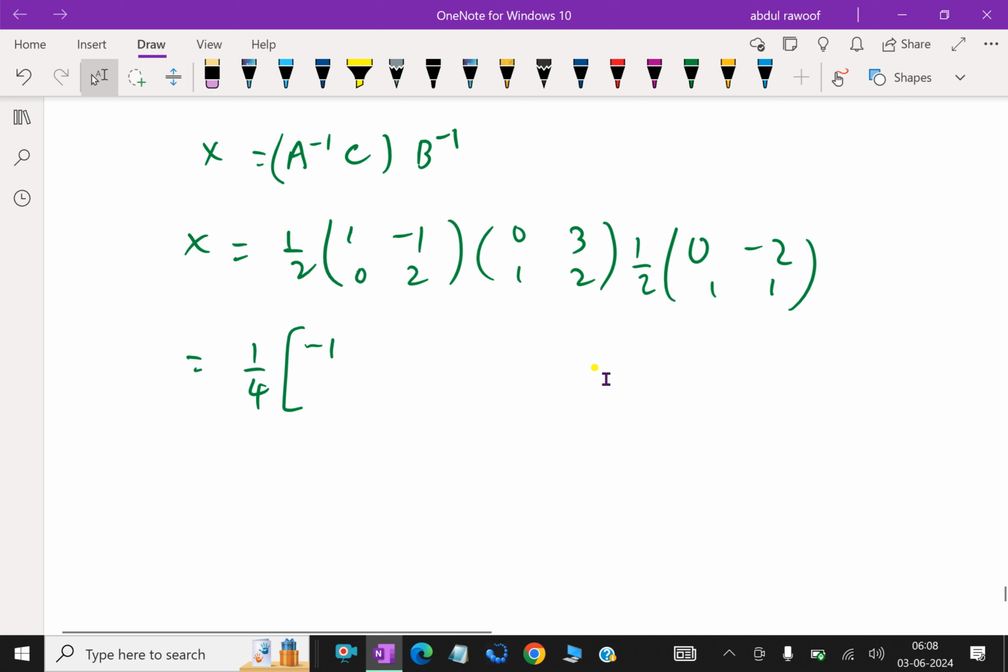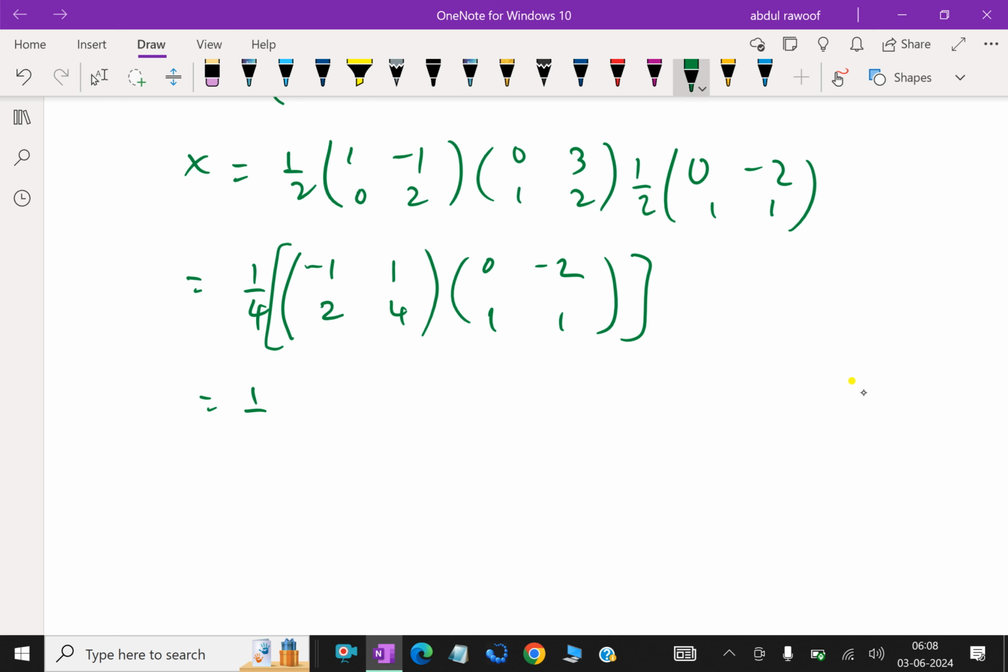Then 0 into 0, 2 into 1 is 2. Then 0 into 3 is 0, 2 into 2 is 4. Then this result, [-1 1; 2 4], we multiply with the other one, [0 -2; 1 1].